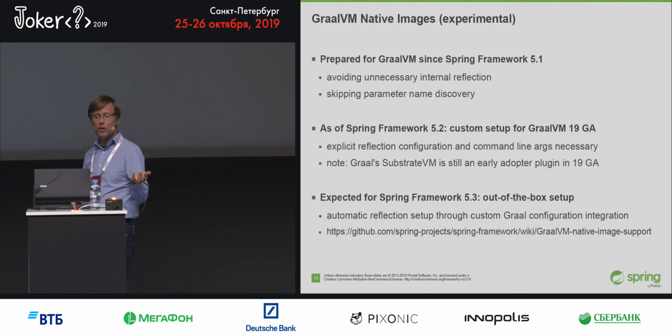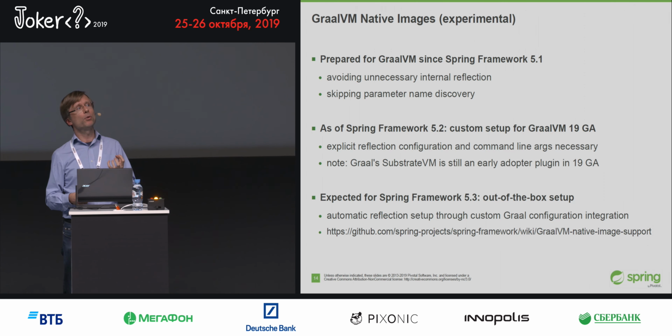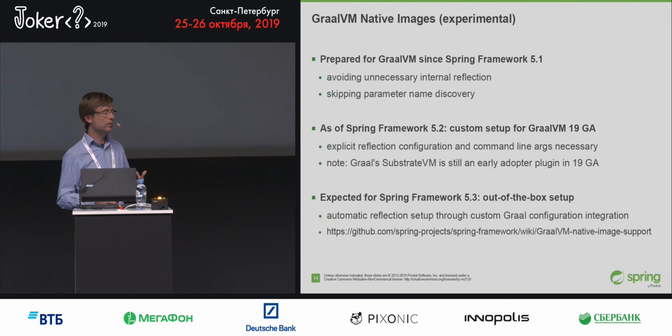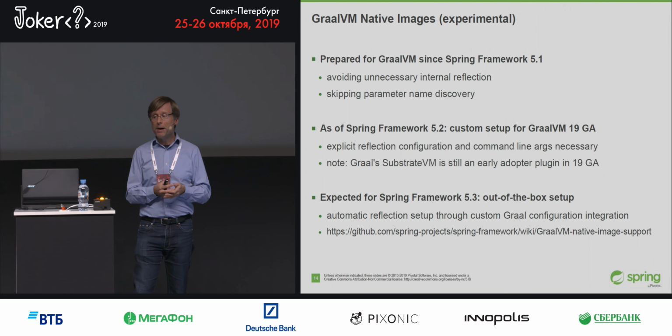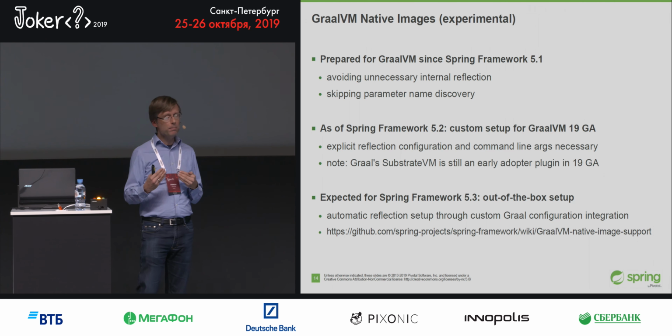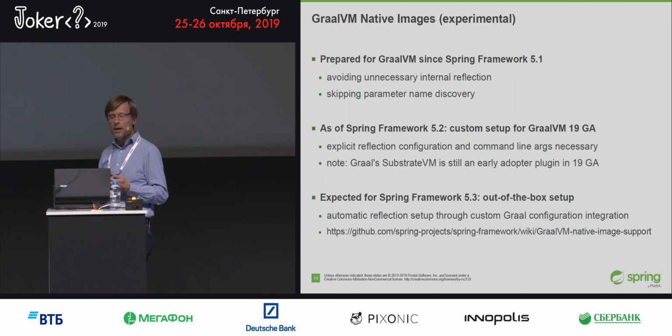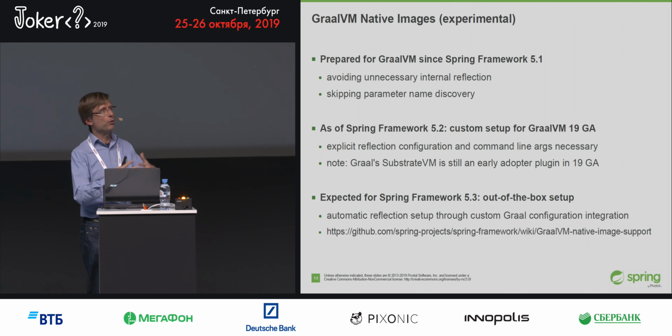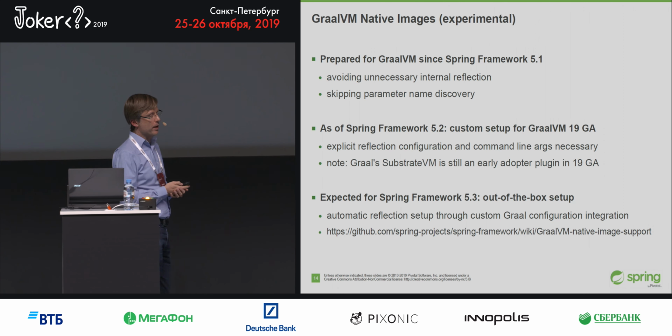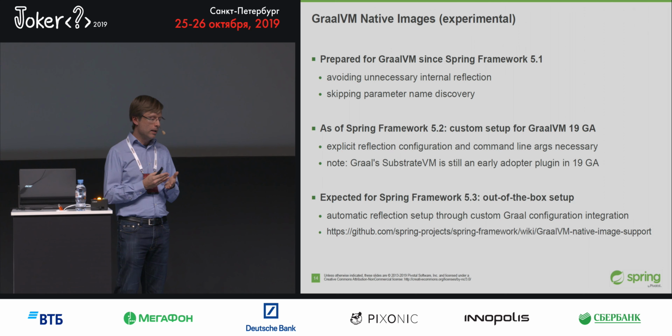In a Spring-based application, that would typically be your annotation-based components that are going to be reflectively called. So just by configuring Graal accordingly, or by applying a corresponding Graal feature implementation that does this automatically, you get closer to a kind of out-of-the-box experience trying to make a Spring application work on Graal.